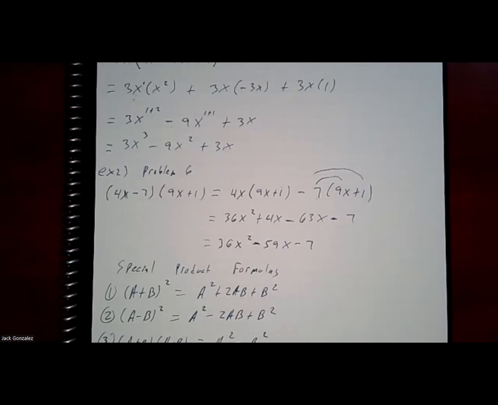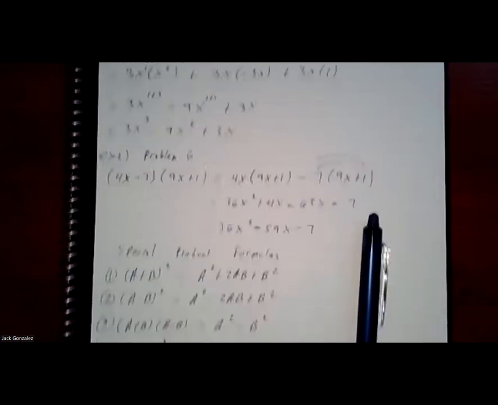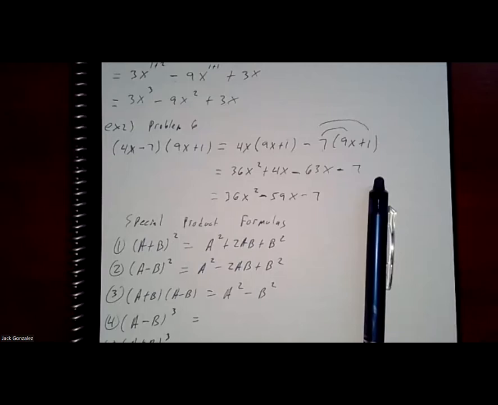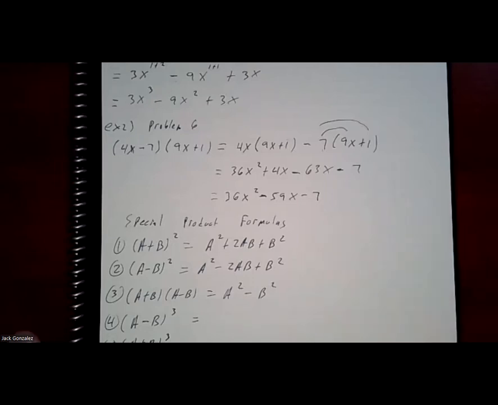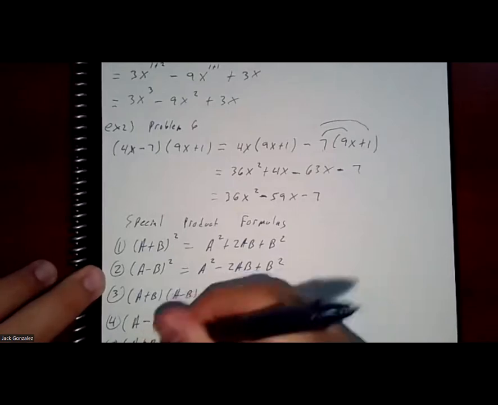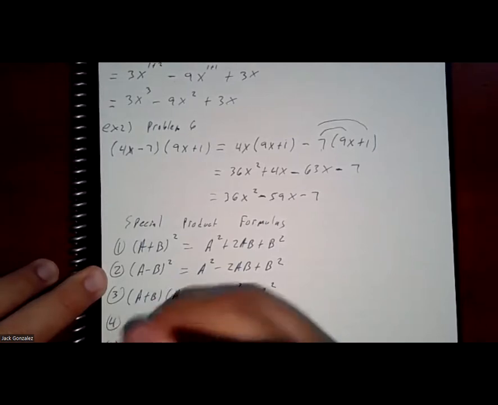And then there's the difference of cubes and the sum of cubes. I always forget the sign order. Let me look it up so I don't mess you up. Give me a second. Sum and difference of cubes. There it is. Oh, actually, I wrote that wrong. That's a binomial expansion, not a difference of cubes.